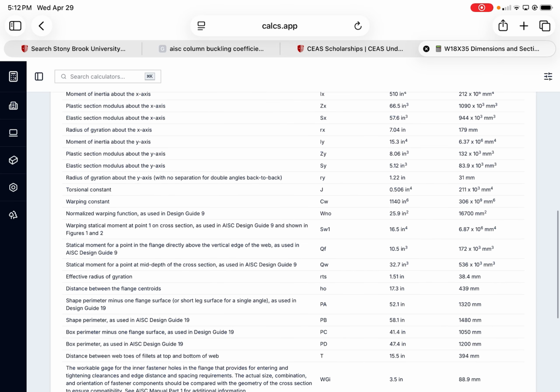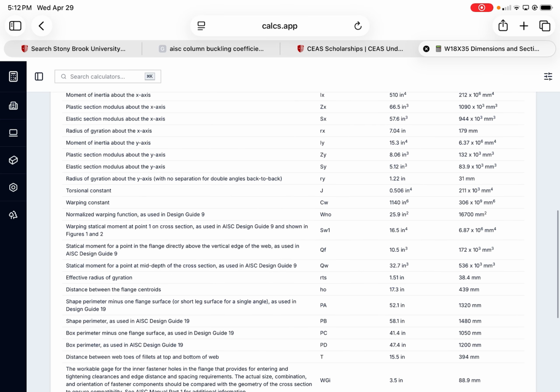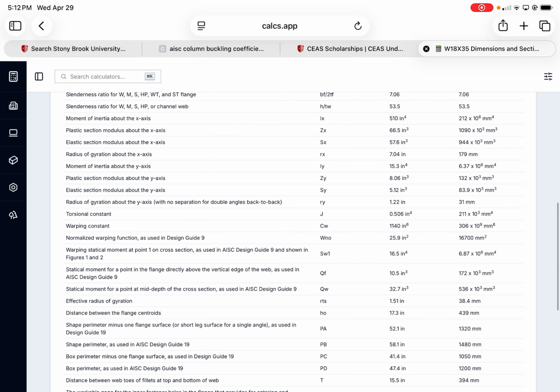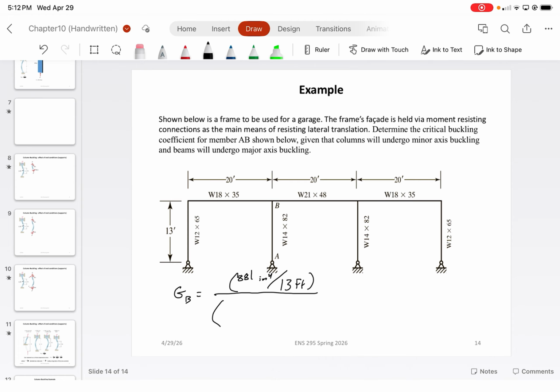For W18 by 35, the second moment area of inertia is 510 inches to the fourth, and that's divided by 20.